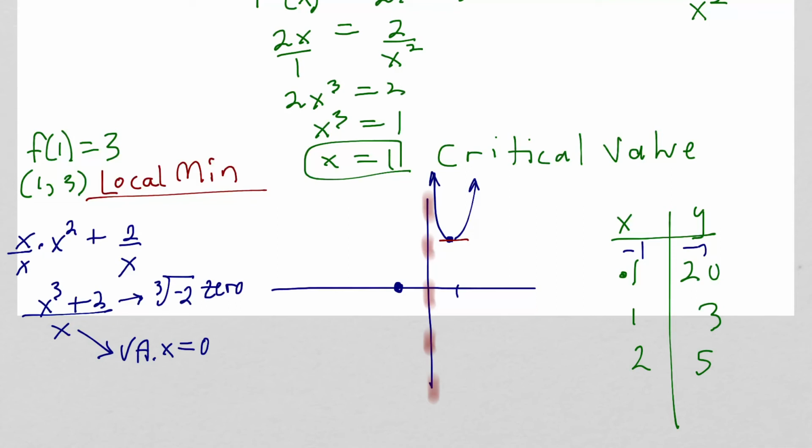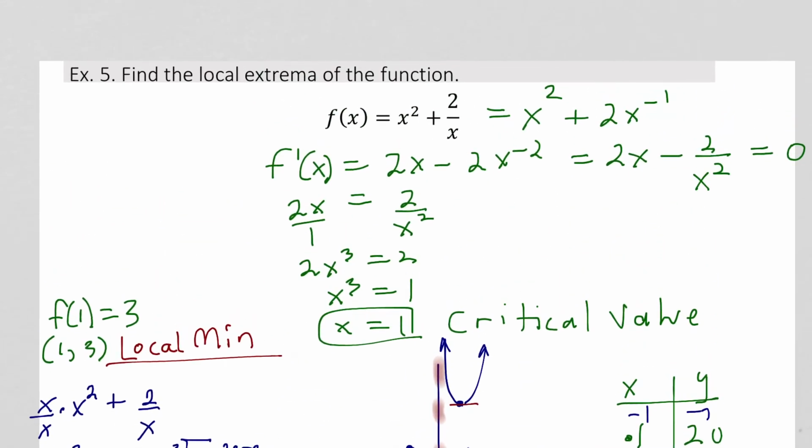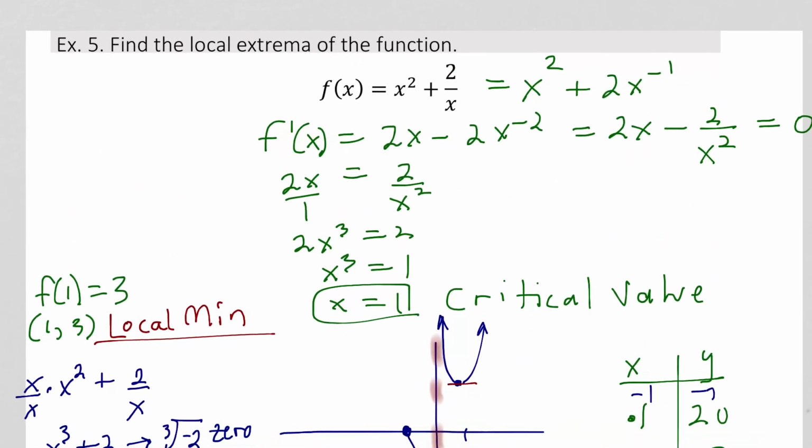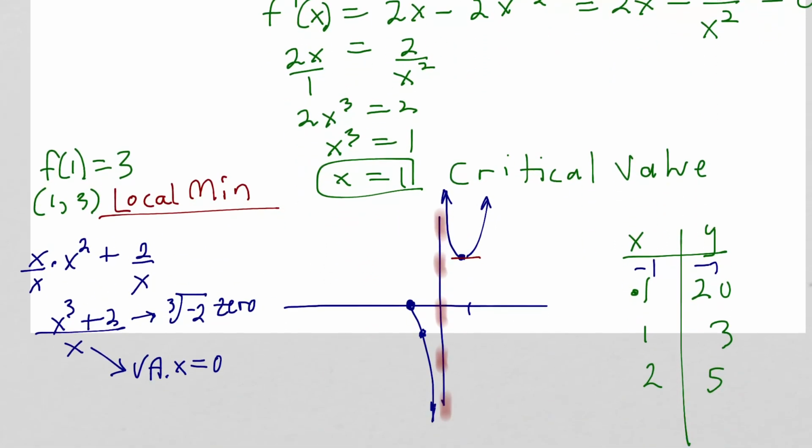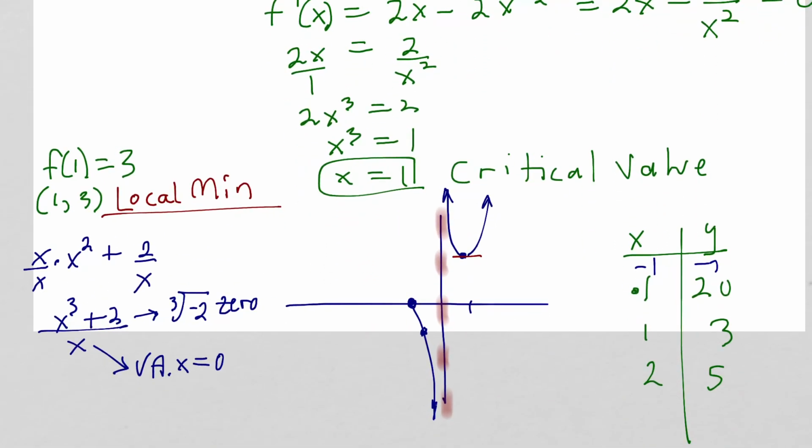So I'm down here. So this function is going down here. So clearly there are going to be lower values than that dot, which I classified as my local min. It's not going to be the absolute min. But this problem said to find the local extrema. So I've got the local min there.